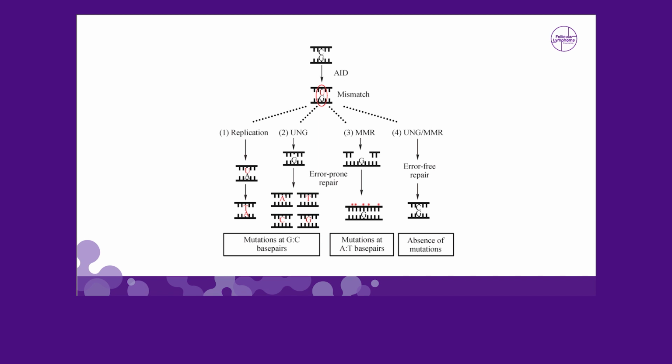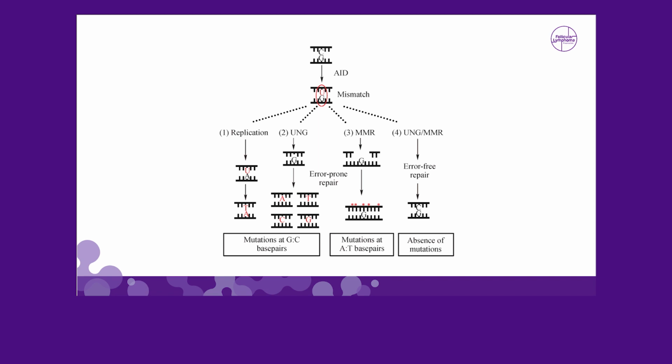As the name indicates, this enzyme, in the top, you see a double-strand DNA with C opposite to G. The enzyme can deaminate the C, and instead of C, now we have U, which is not one of the canonical letters of the DNA.